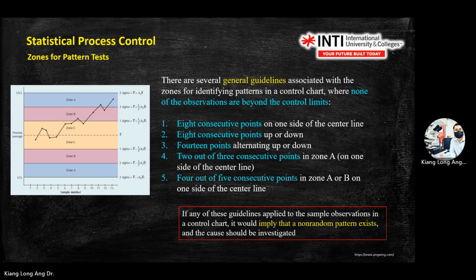If more than 8 points are on one side, on the top or on the bottom, then you should investigate what happened to the data. So these are the guidelines for you to identify patterns.